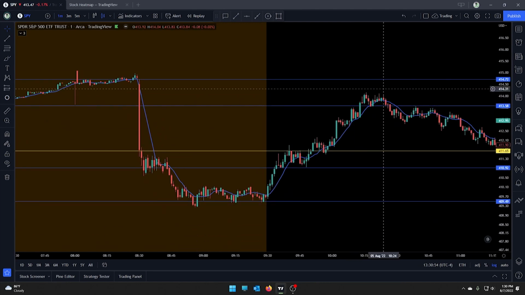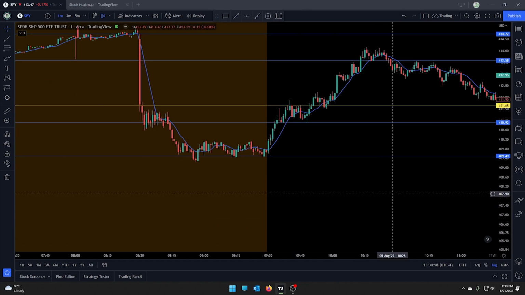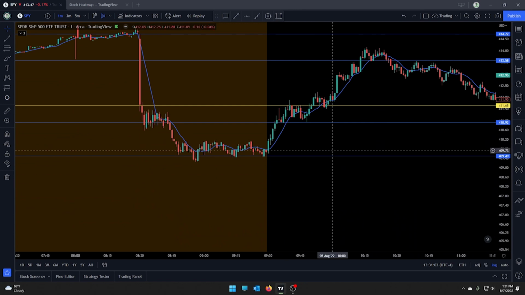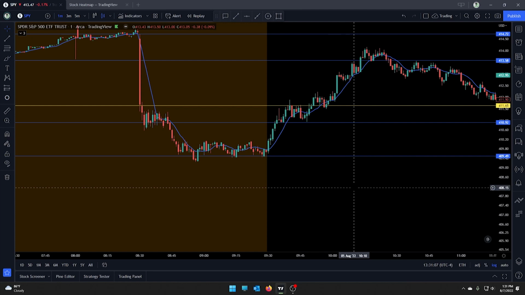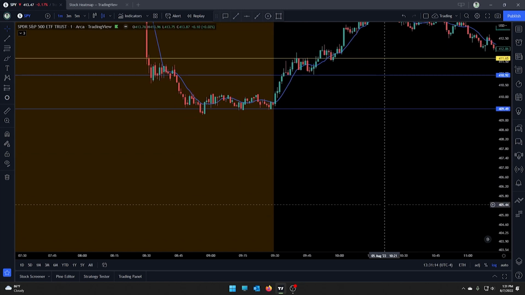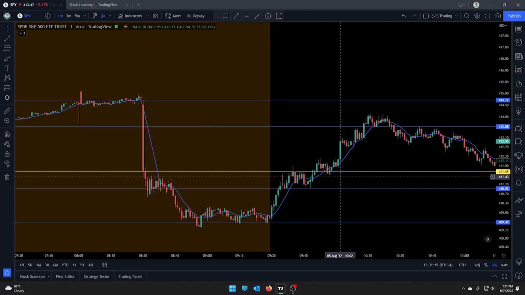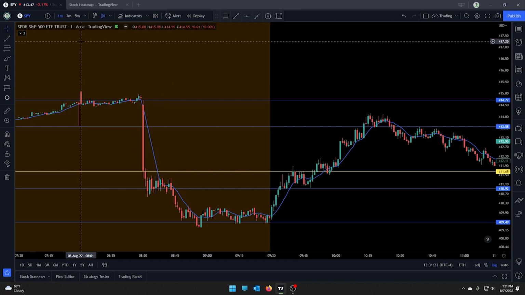So if we get out of the pre-market zone and I have no target above or below, then I put an orange line indicating that if we continue down below this line of support, the orange line becomes my next target. If that target gets hit, I will change the line from orange to yellow and then plot the next target down below it. But in this case, we ended up not going below the low of the day. So I'll show you where the orange target line comes from, though.